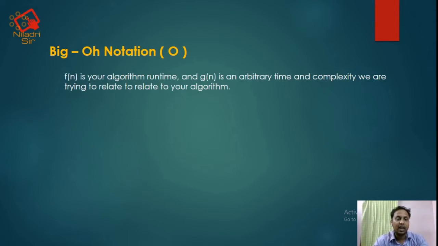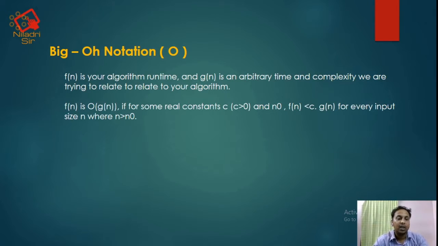Suppose f(n) is an algorithm runtime and g(n) is an arbitrary time complexity we are trying to relate to your algorithm. So f(n) is order of g(n) if, for some real constant c, where c is greater than 0, and n0, f(n) is less than c times g(n) for every input size n, where n is greater than n0.